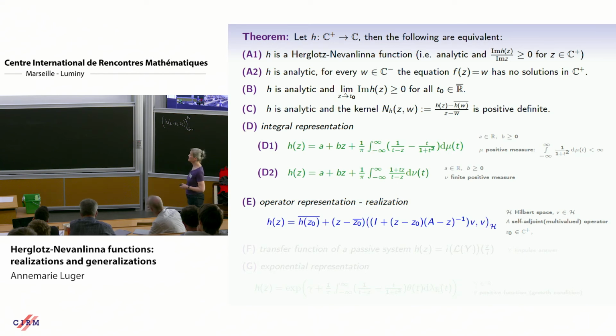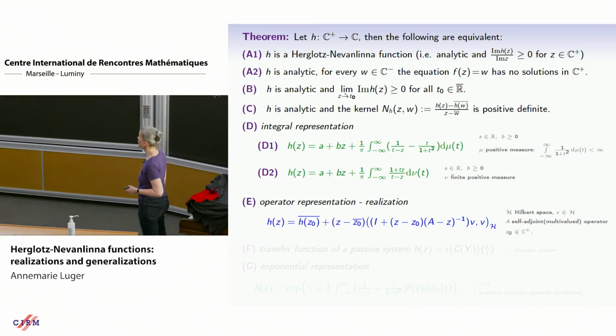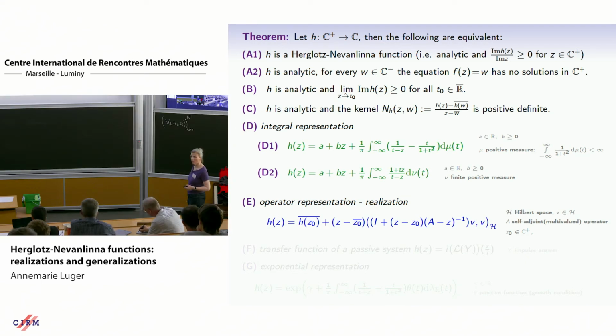Then what we call a realization, or an operator representation. This is the following. A function is a Herglotz-Nevanlinna function if and only if there exists a Hilbert space H, an element in this Hilbert space, a self-adjoint operator, maybe a multivalued operator, but this is not so important here, and then some point in the upper half plane, so that the function can be written in this way. And the important part is here. Here's the resolvent.